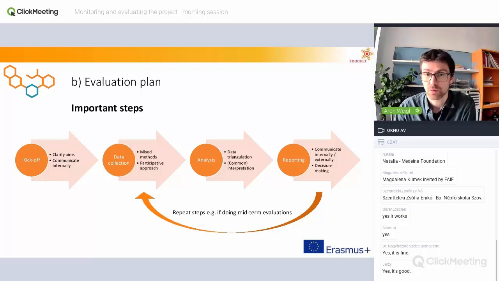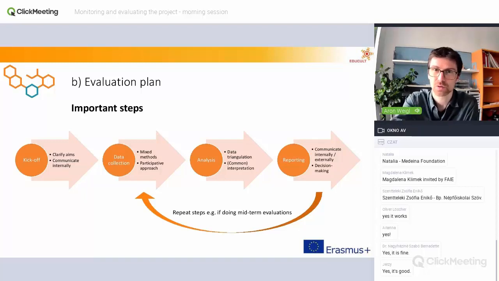Then when you collect the data, it comes to the analysis. You have to bring your data together. This is called data triangulation. So you have notes of your interviews, of your focus groups. You have the questionnaires here and there. So now you have to bring it together, and therefore you need your matrix again, because you have the questions, and each data bit can contribute to another question or to more questions.